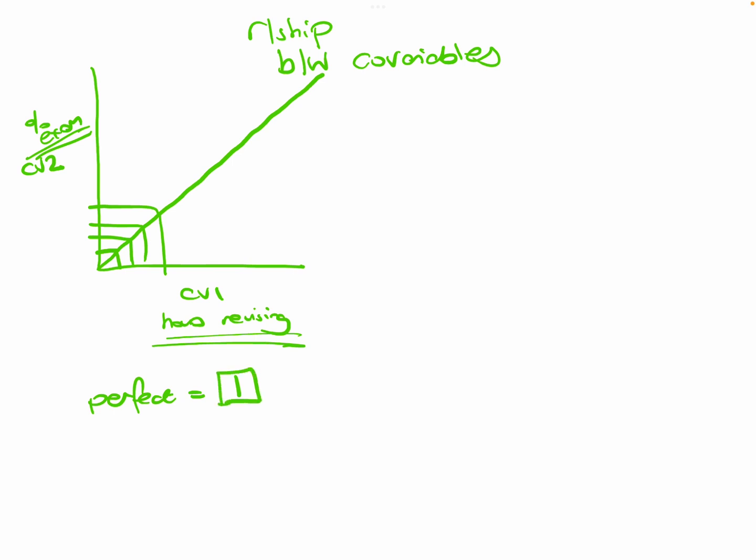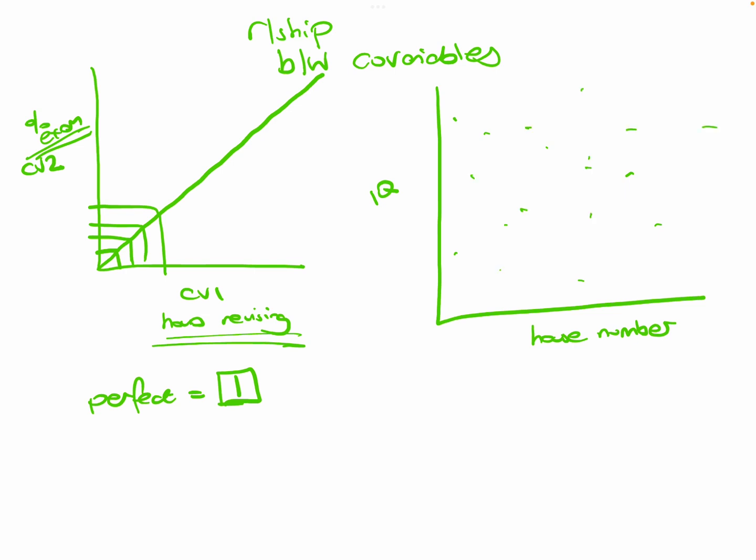So if there is a perfect relationship between covariable 1 and covariable 2, we have a correlation coefficient of 1. If we look at two different covariables now, let's say house number and IQ, and we plot that on a scattergram, we are unlikely to see any relationship between those two covariables because there wouldn't be.